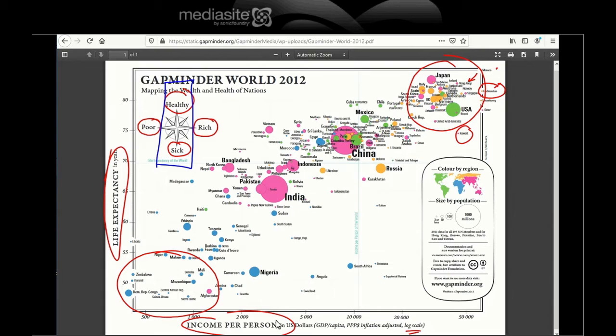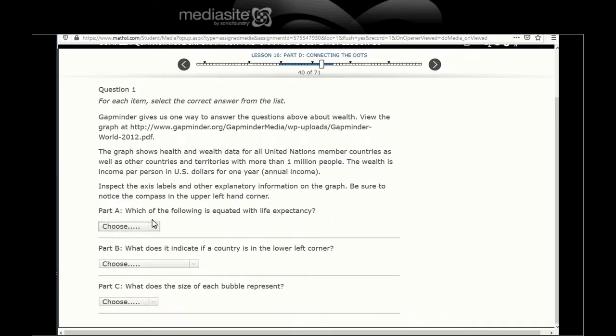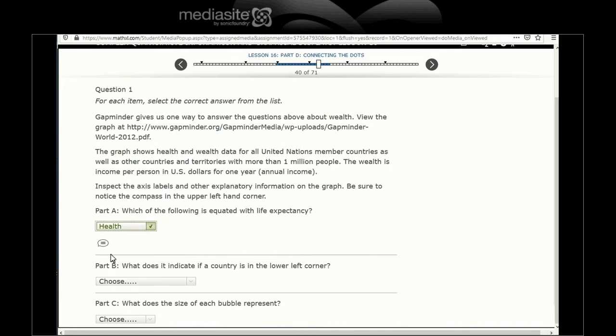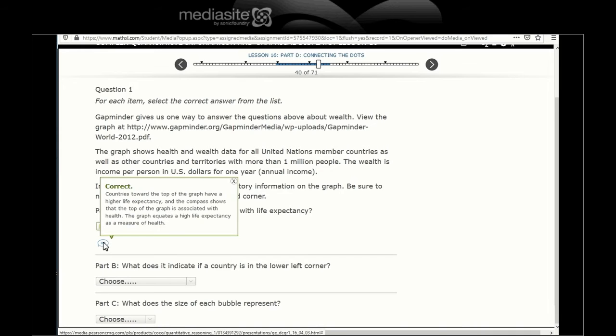So it looks like health and sickness. Is that a choice? Health. Measure of health.